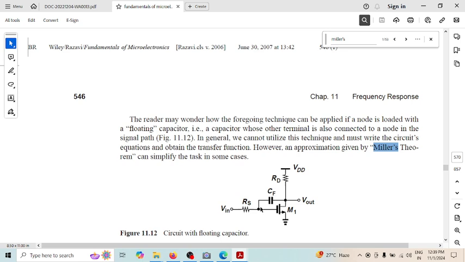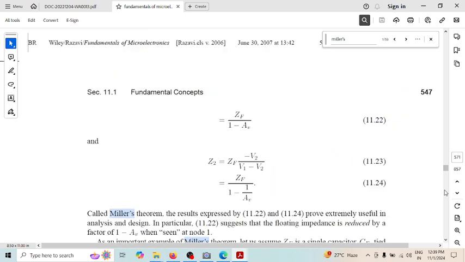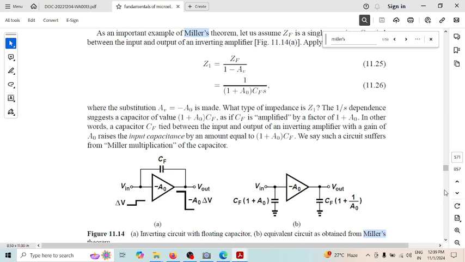CF is the capacitance between input and output. This floating capacitor CF will be replaced by one C1 here, the other one C2 there. That's what he is trying to say here. This is C1. This is a capacitance which is floating, having a gain of minus A0.